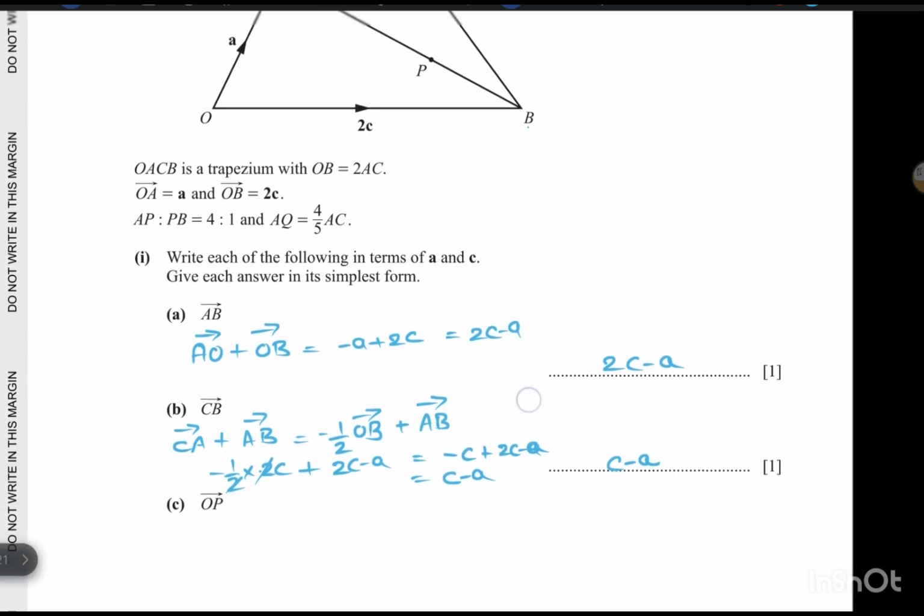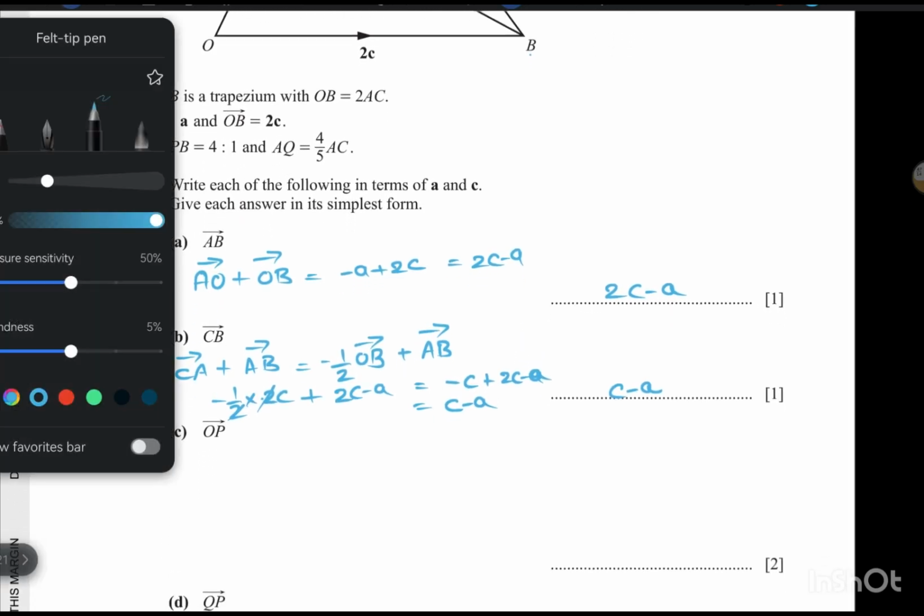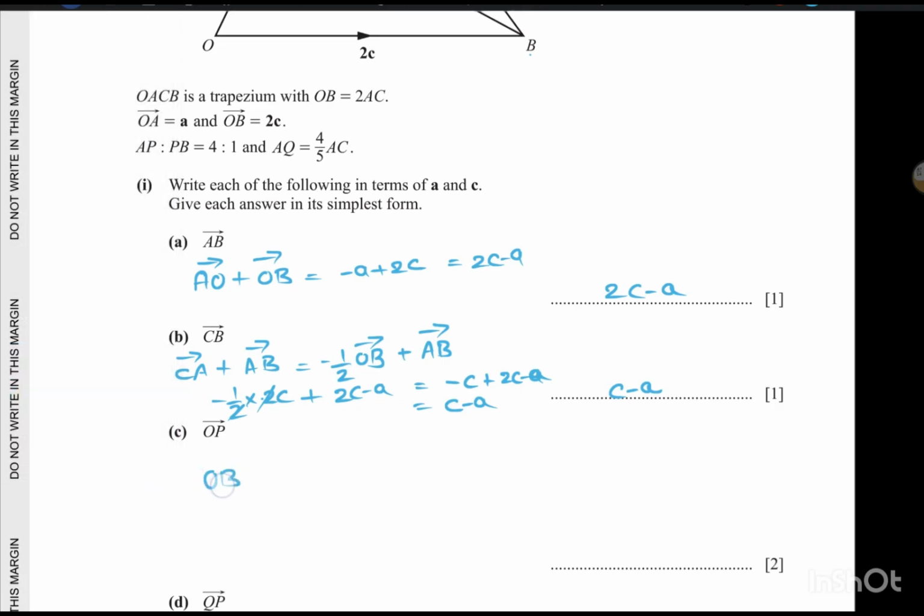So OP will be OB plus negative 1/5 of AB, because PB is 1 part out of the total 5, since 4 plus 1 is 5. OB is 2c, plus minus 1/5 of AB, and AB we got as 2c minus a.